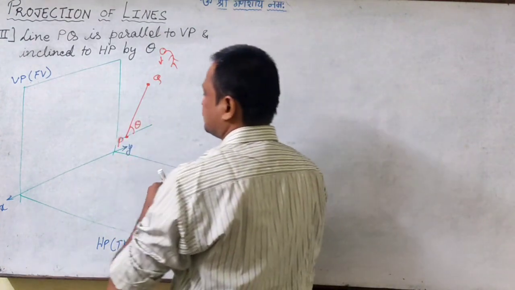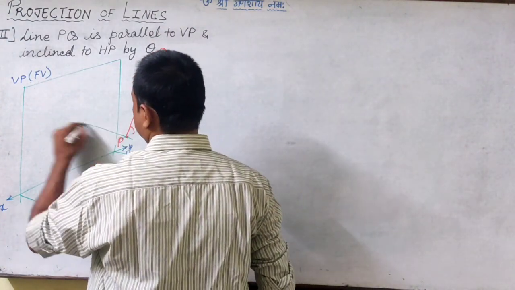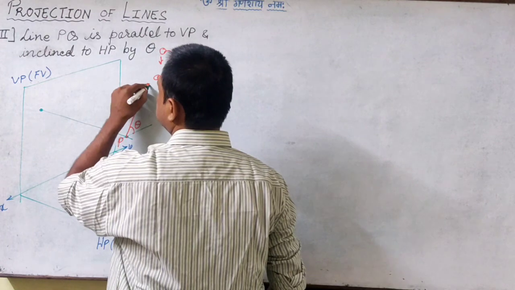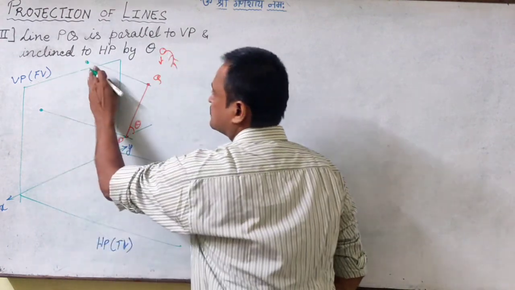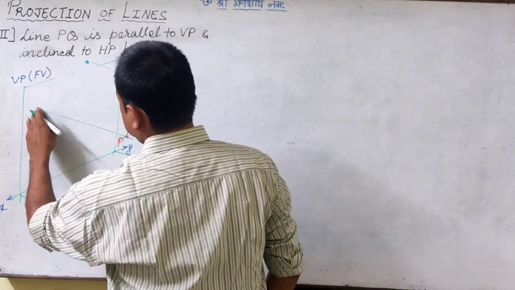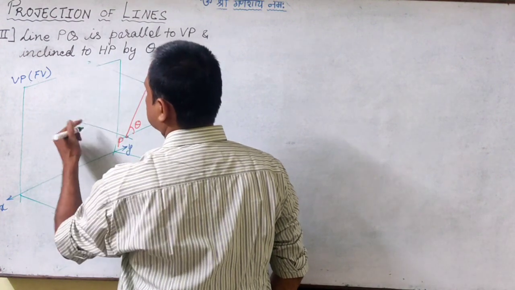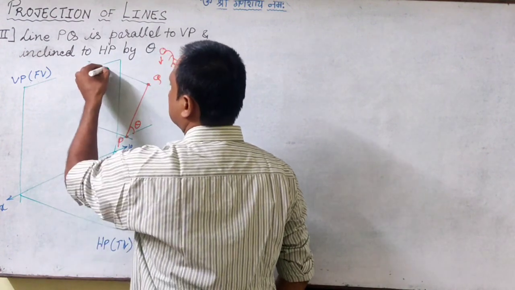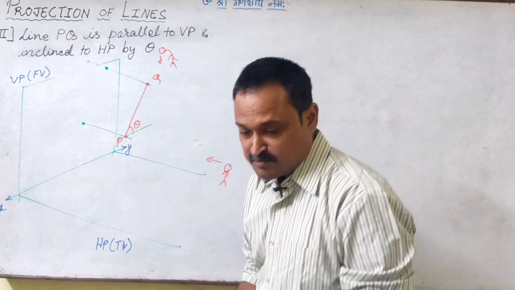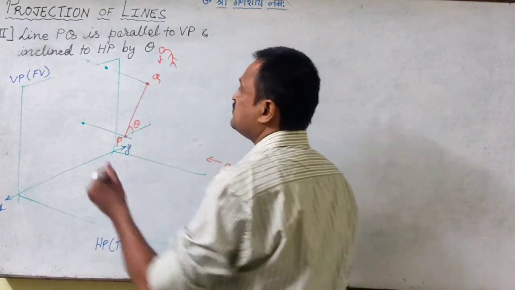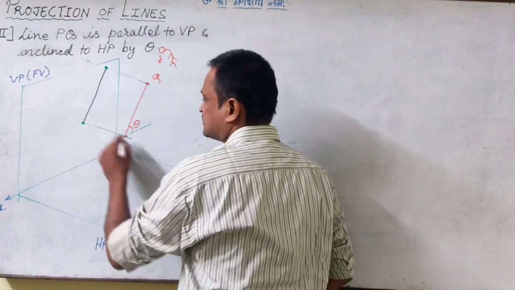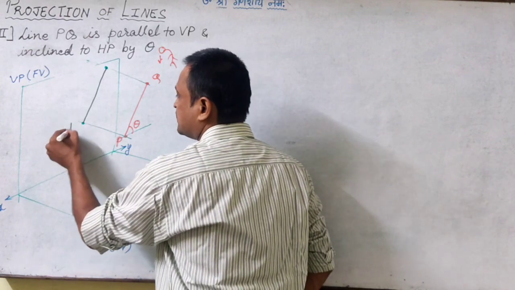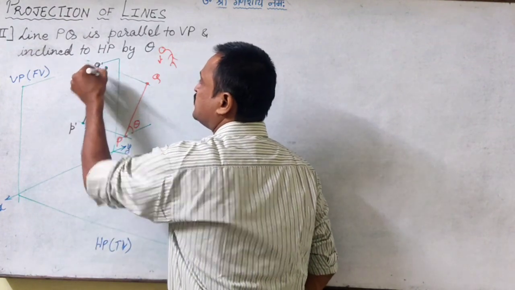So when we are taking the front view, the projectors will be parallel to each other, and wherever they meet the vertical plane, I will get the front view image of the line as this. So this is say P dash and this is Q dash.